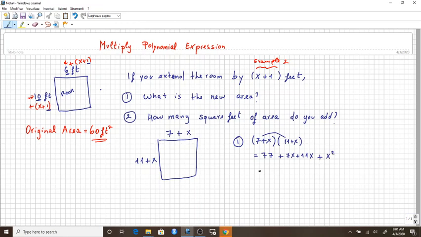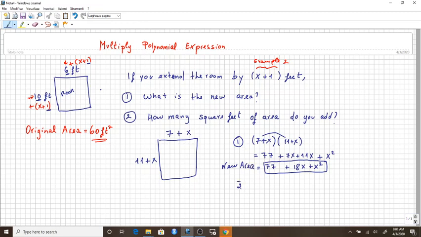So we can combine the terms, and this is equal to 77 plus 18x plus x squared. So this expression is the new area. You don't need to write the polynomial expression necessarily starting from the highest degree term. We usually write starting from x squared, then x, and then 77, but you can also start from the constant term 77. So that's the new area, which means we answer question number 1.